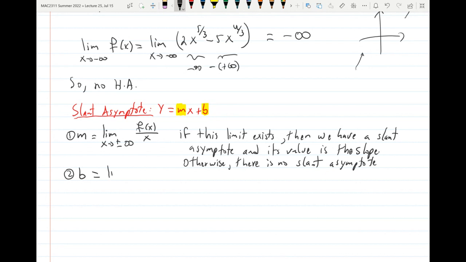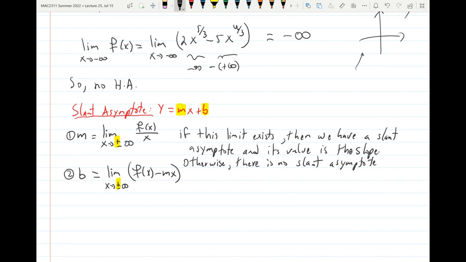Then to find b, all you do is take the limit as x approaches the same infinity you were using, either positive or negative infinity. I'm going to put both here because it really depends which one you use above. So if you use positive and you got a number, then you use positive here. If you use negative and you got a number, then you use negative, and then you take the function minus mx.